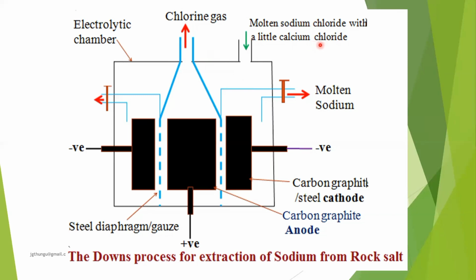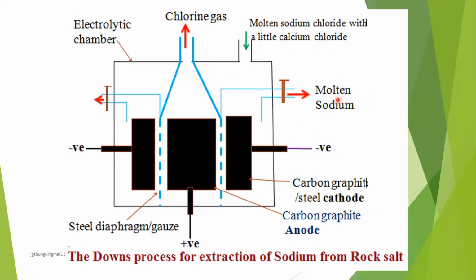Once it melts, it will be a mixture of calcium chloride and sodium chloride, and we put it in the down cell in a molten state.